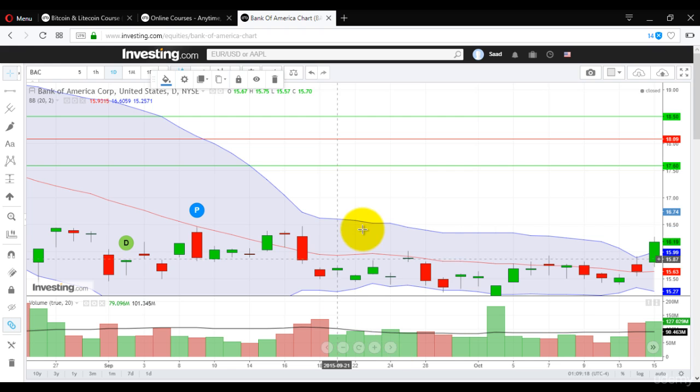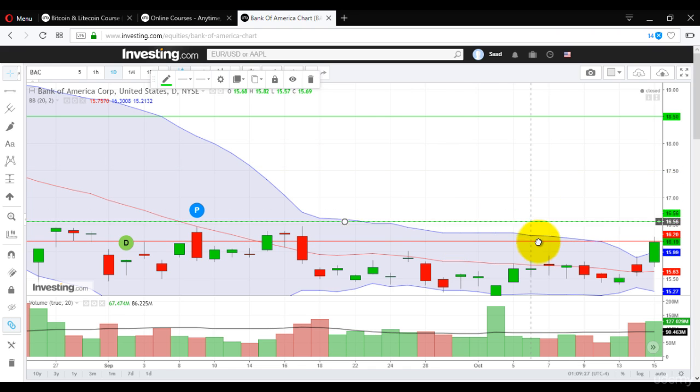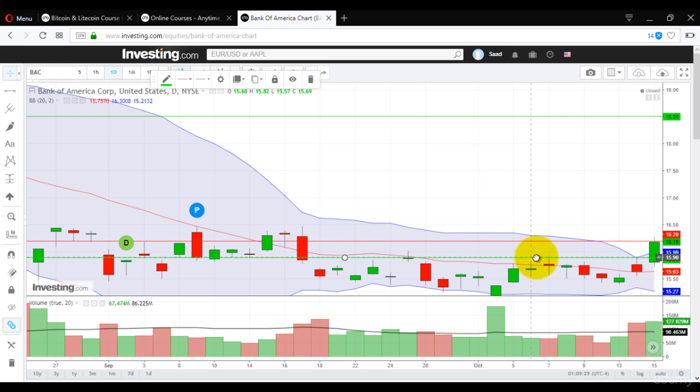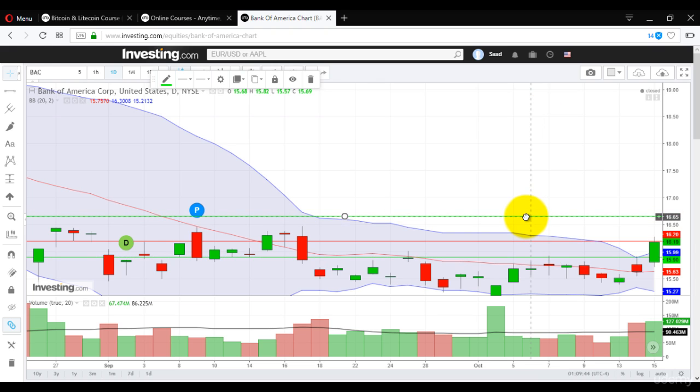Right here it goes up, so we can initiate the long iron fly trade. Right here, on the close, we are initiating our 2 trades, and it will be, if you put a 40-cent difference, 15.90, and if you put a 40-cent difference, 16.60.